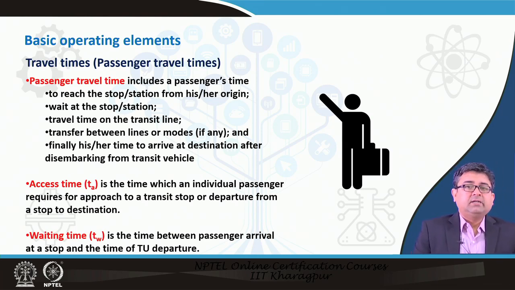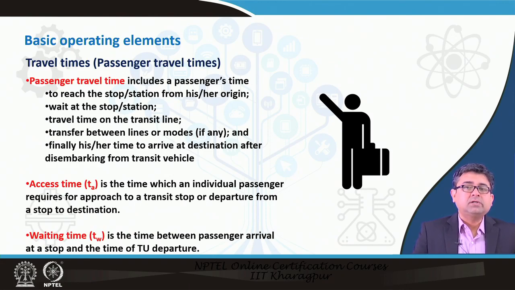Now, the first element is the access time. The access time is the time which an individual passenger requires for approach to a transit stop or departure from a stop to a destination. So, at both ends of the trip, the passenger is accessing the station from his or her origin and is then accessing the final destination from the stop where he or she disembarks from the transit line.